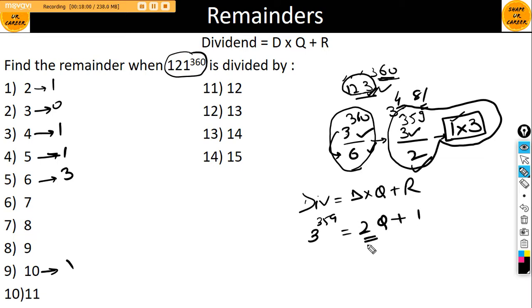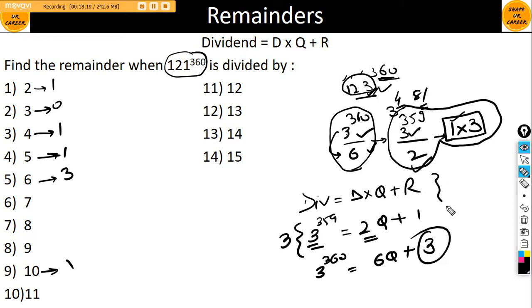As I require my divisor to be 6 and this number to be 3 raised to power 360, it is very clear we have to multiply the equation by 3. The moment you multiply it by 3, it becomes 3 raised to power 360, it becomes 6q, and it becomes 3 now. Right? So I am giving you a proof such that you shouldn't think that we have to go for cramming. There is no cramming required. So we can just do it like this.